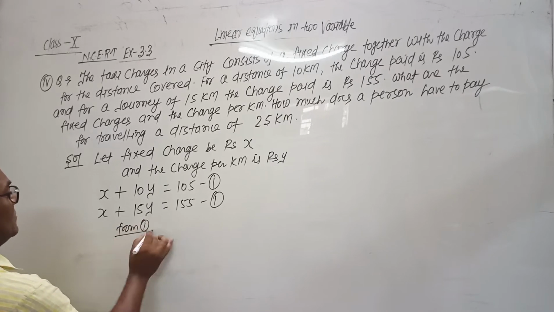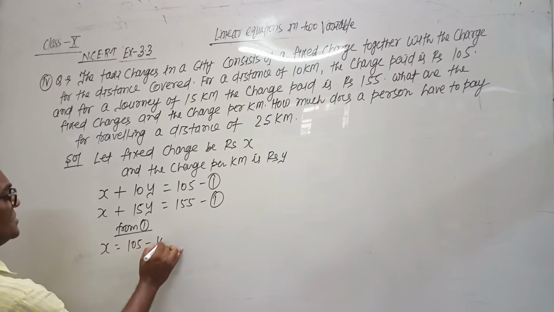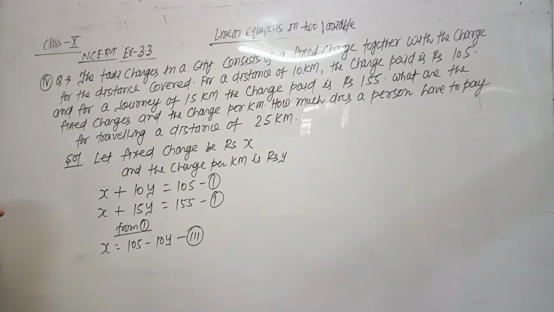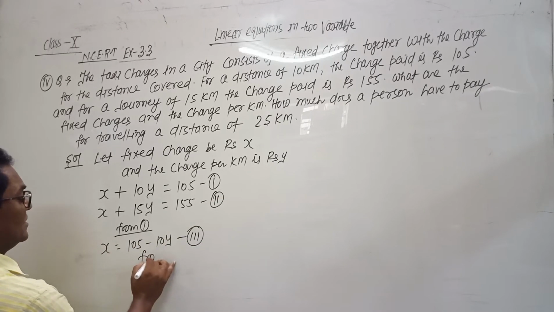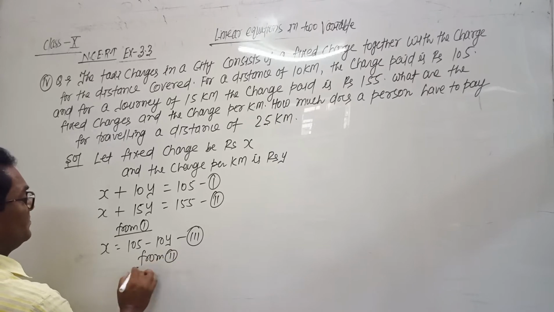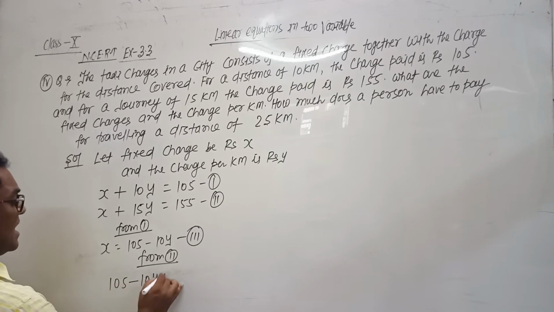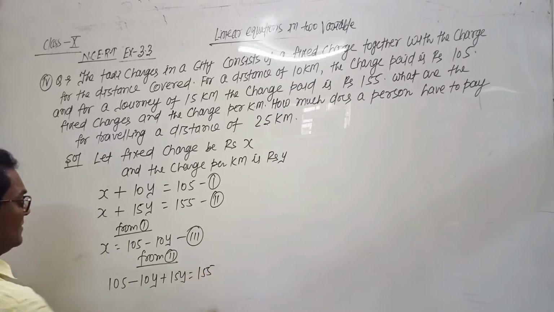From the first equation, we eliminate the value of X. From the first equation, X equals 105 minus 10Y. Name it the third equation and put the value of X in the second equation. So from the second, put the value of X, which is 105 minus 10Y, plus 15Y equals 155.